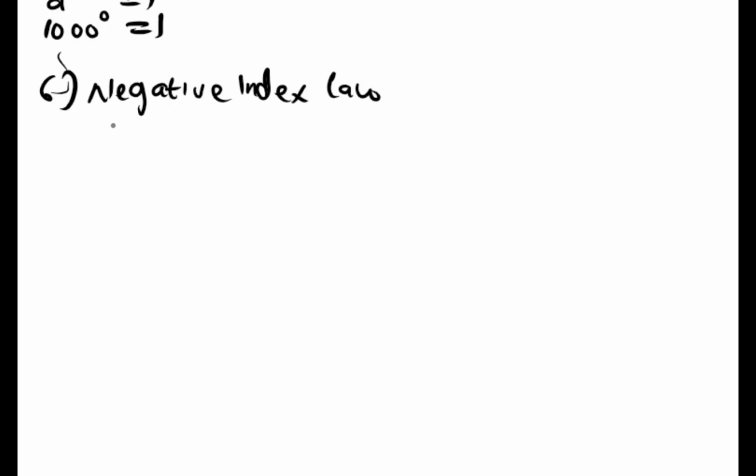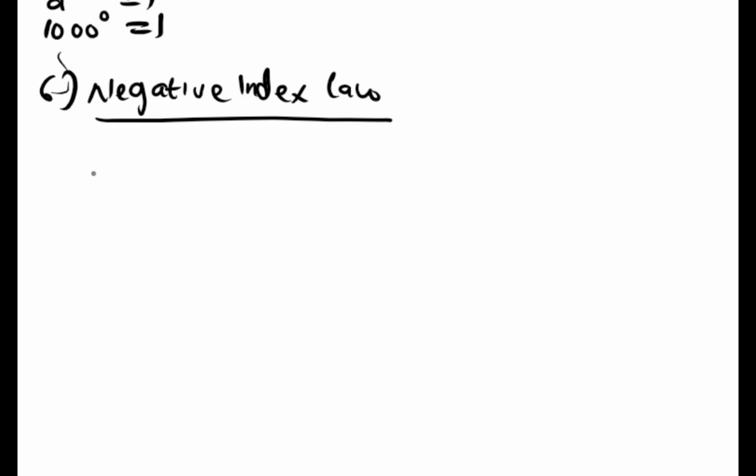So let's go to the sixth law of indices. The sixth law of indices is the negative index law. The negative index law says that anything raised to the power of a negative index is the same as the reciprocal of that particular number.